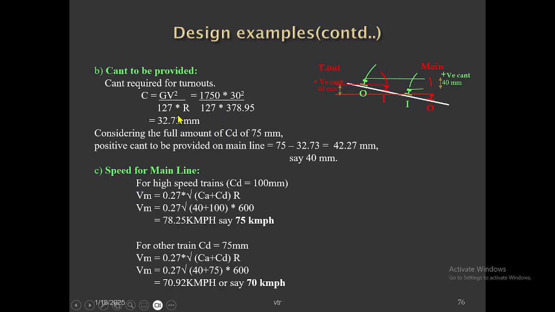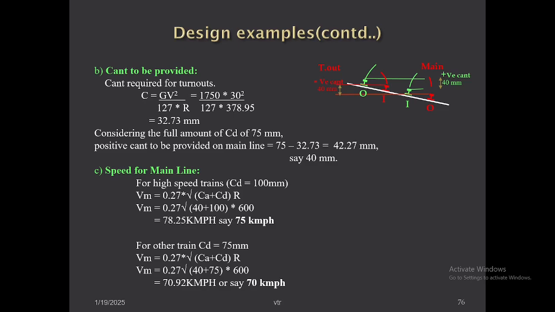So this actual cant is required, but we can permit a cant deficiency of 75 mm. Since it is a counter flexure, if we provide the cant to the turnout side, that will become a negative superelevation for the main line. But we are much more concerned about the main line. That is why we should not permit any negative cant to the main line.